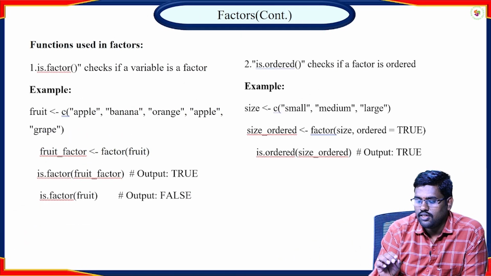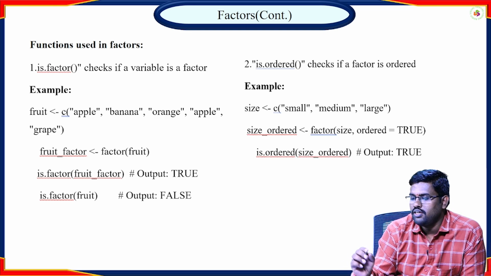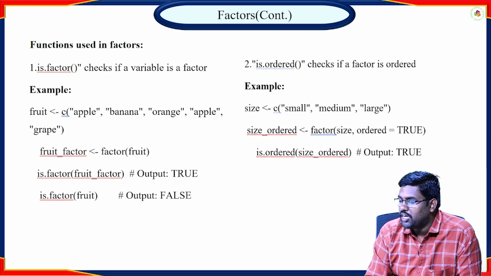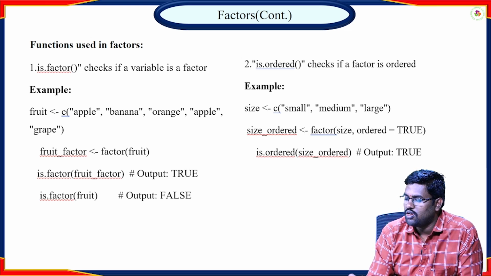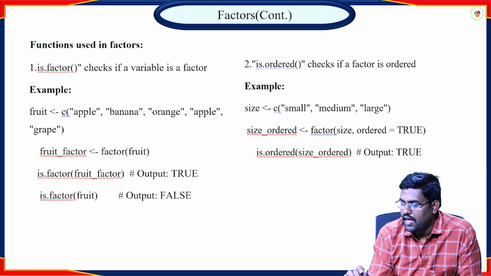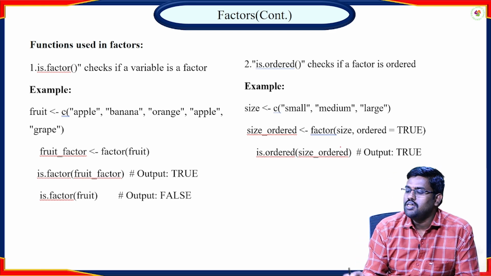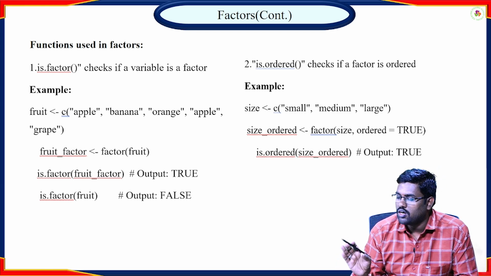The same thing with fruit: is.factor and is.ordered. Is.ordered means it checks whether the values we have defined are in order or not. Now see here, size is small, medium, large, defined in order. So size_ordered is factor of size, comma, ordered equal to TRUE. That means it checks whether the given order is in the true order format or not.